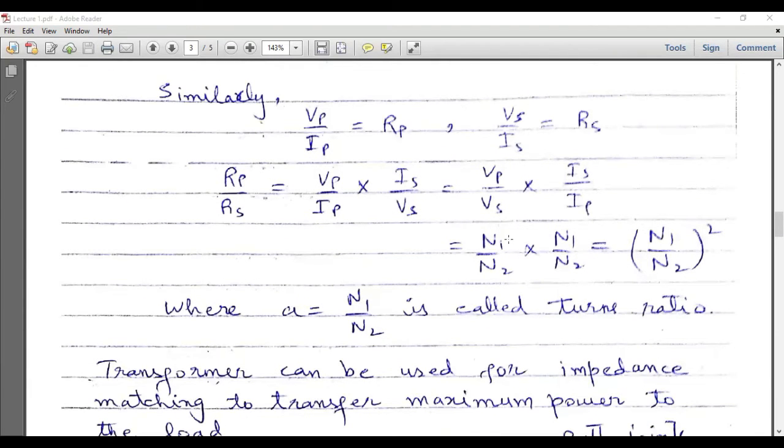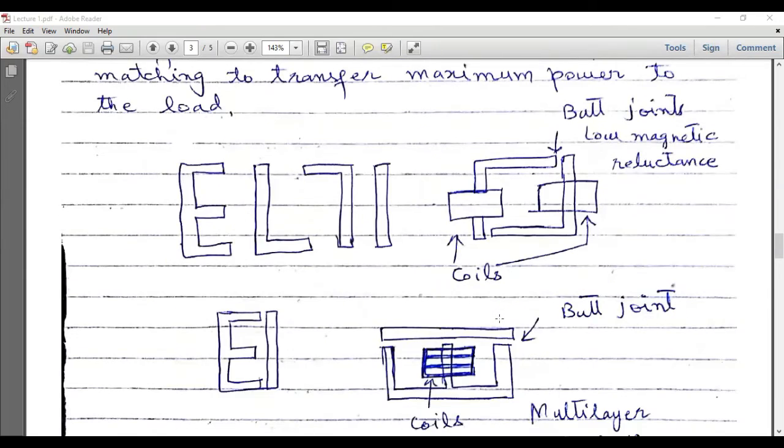So if we choose such a turn ratio that Rp over Rs is equal to (N1 over N2) squared, we can select such a combination of the primary and the secondary windings so that their ratio corresponds to the load after the transformation, and if that load is equal to the source impedance, then maximum power will be delivered to the load, which is called the maximum power transfer theorem.